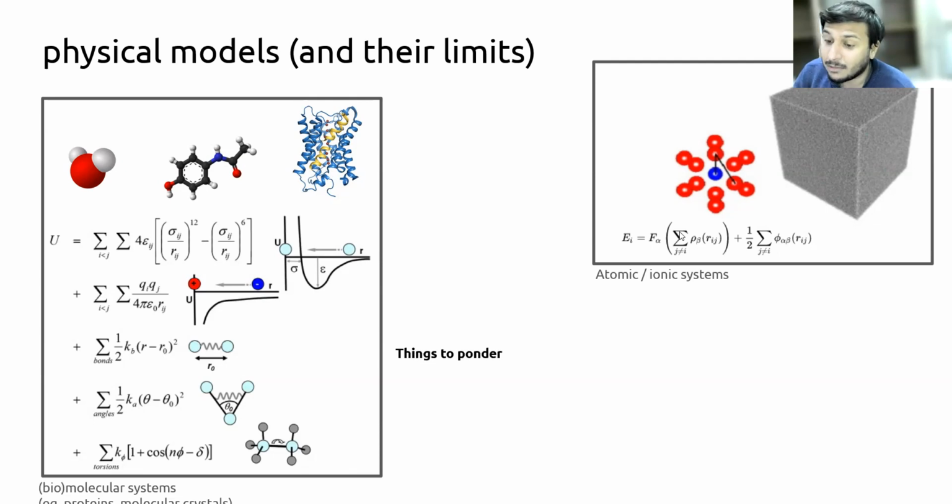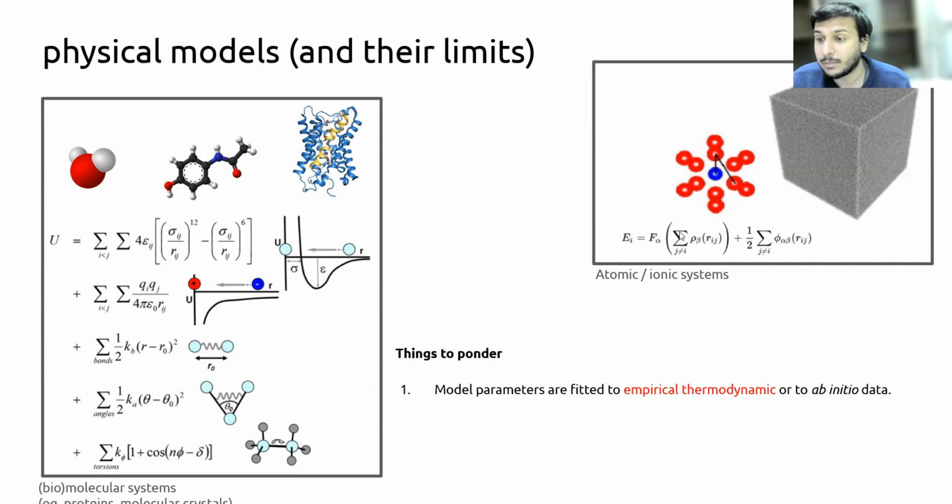All right. Now there are some things to ponder in terms of the accuracy of these methods. Most of these are fitted to empirical thermodynamic data or to ab initio data, right? So the accuracy really depends on the quality of the data and how you have performed the fitting. For example, if you have data from different temperatures and different pressures, you need to be very careful in how you perform your fitting.